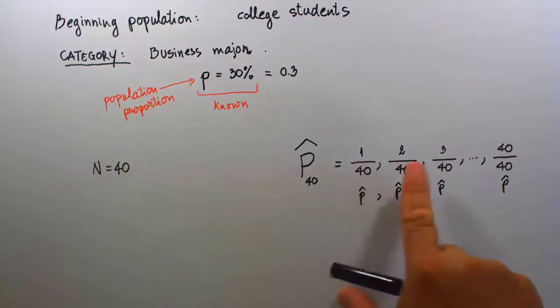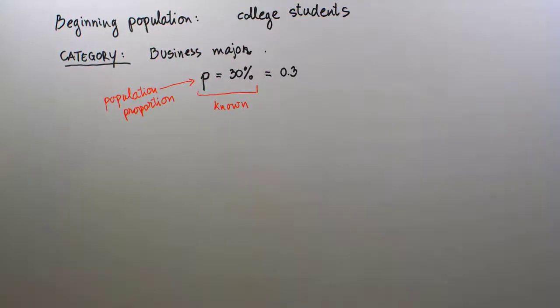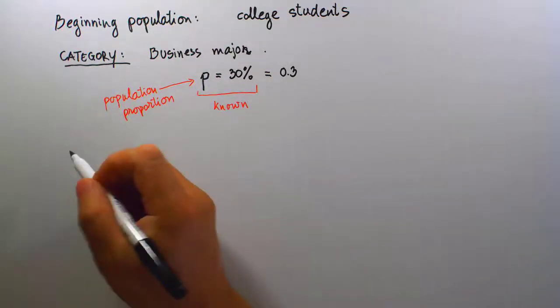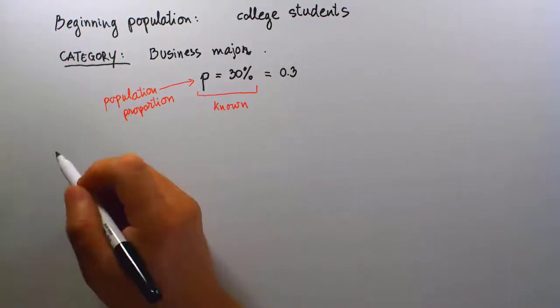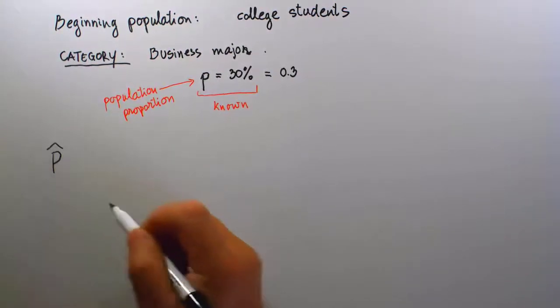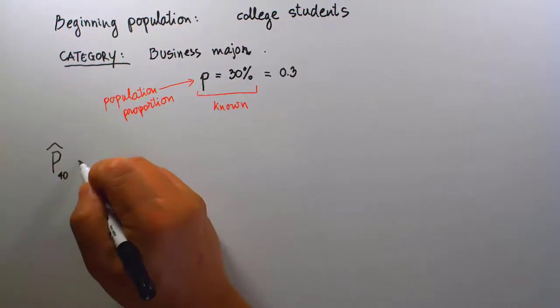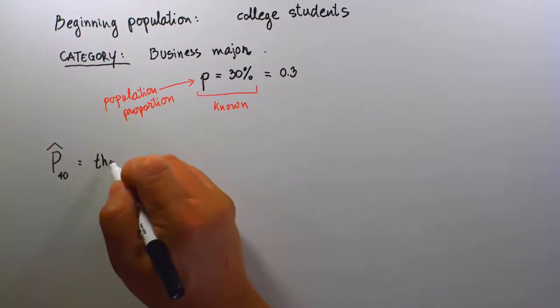So any of these sample proportion values comes out of 40. In that way of explaining the situation, I'm now going to officially define my random variable capital P hat 40.